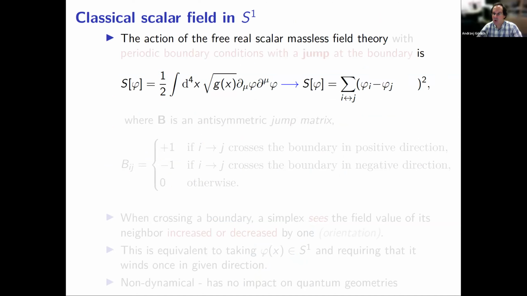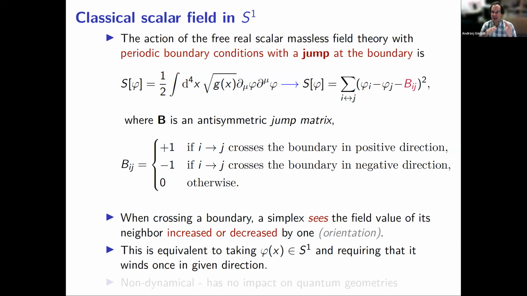So how we do it: we just take classical scalar fields which minimize the action for a real massless scalar field. Here we assume that it takes values inside a circle S1, and this is achieved by adding a jump matrix term to the action, which enforces that it winds once in a given direction.